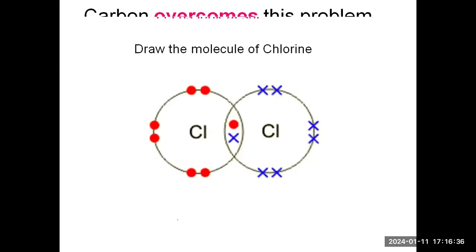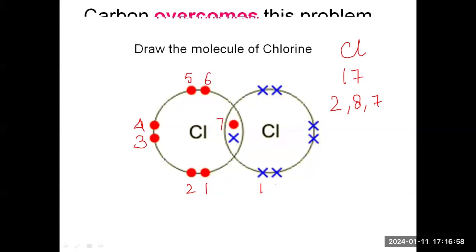Then we have chlorine. As we know, the atomic number of chlorine is 17. It has the configuration of 2, 8, 7, so we need to show just the 7 electrons. This is how we show it: 1, 2, 3, 4, 5, 6, and 7.